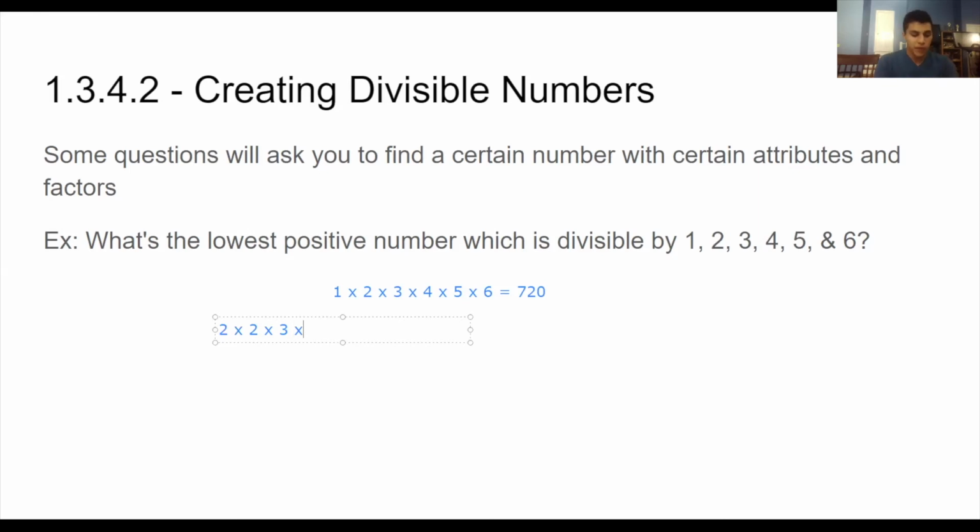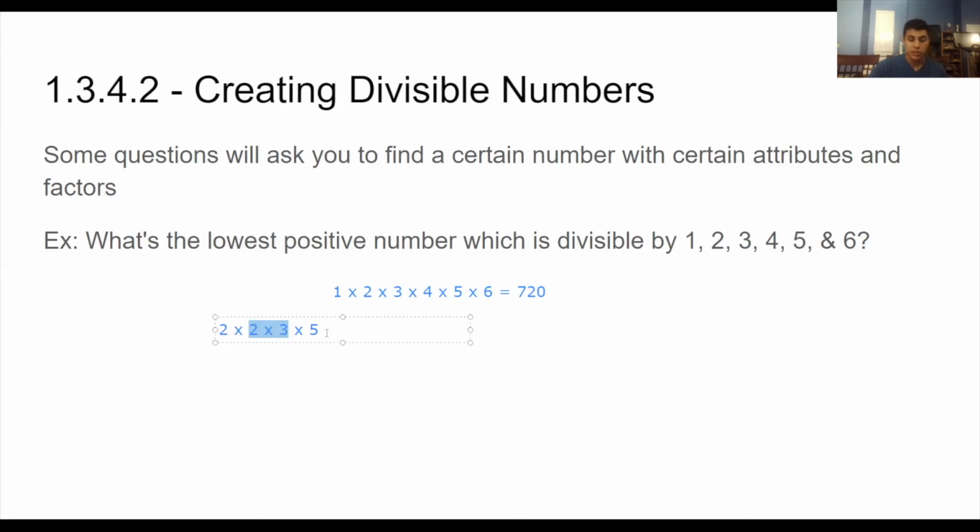And then times 5, because 5 is another prime factor you need. And then you don't need to multiply by 6, for the same reason we don't need to multiply by 4. Because 6 is just 2 times 3, that's the prime factorization of 6, and in this equation, you already have 2 times 3. So if you simplify that, it becomes 2 times 6 times 5.